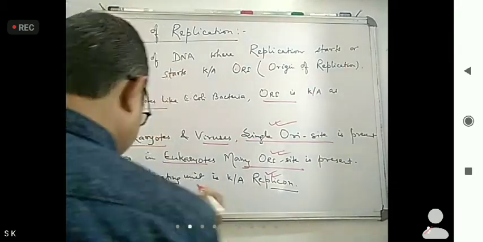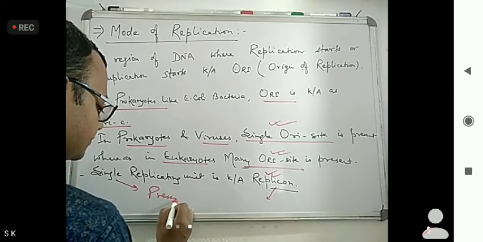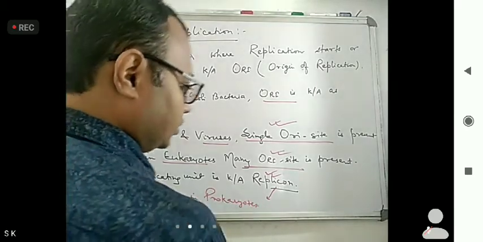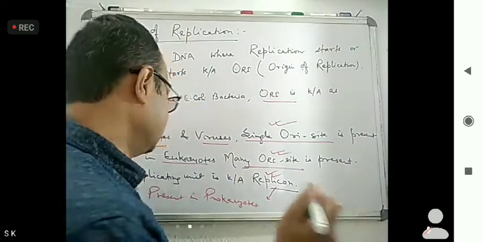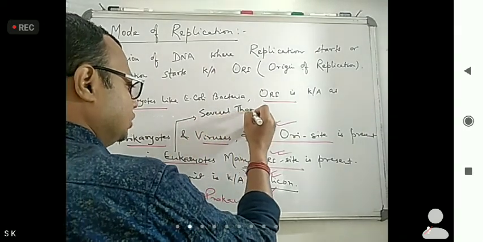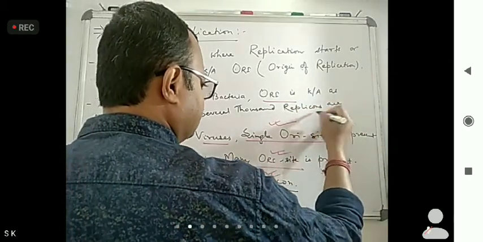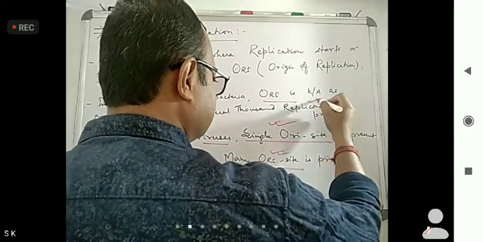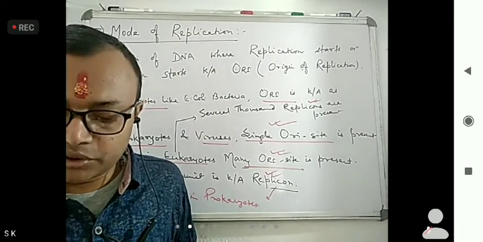So you have to remember that a single replicon is present in prokaryotes, and in eukaryotes several thousand replicons are present. So now you understood that a single replicating unit is known as a replicon.